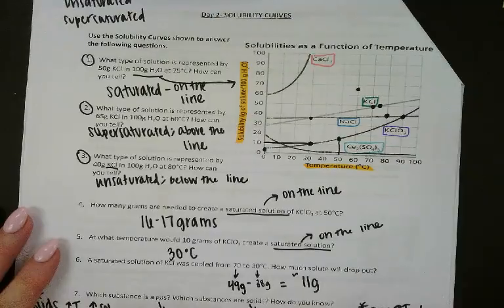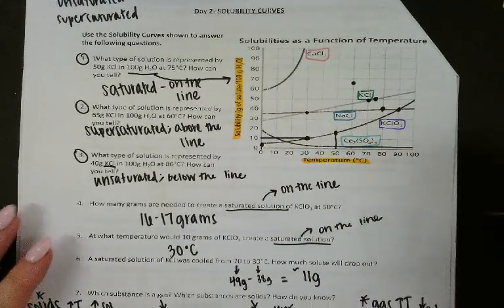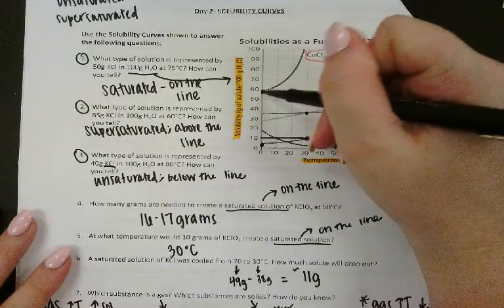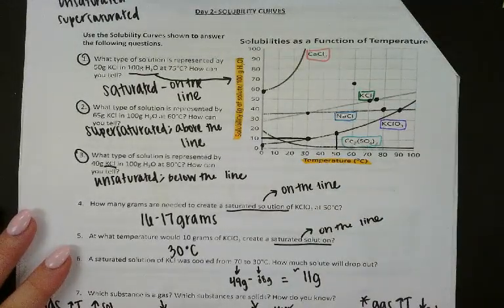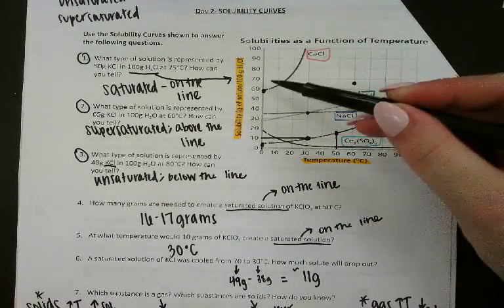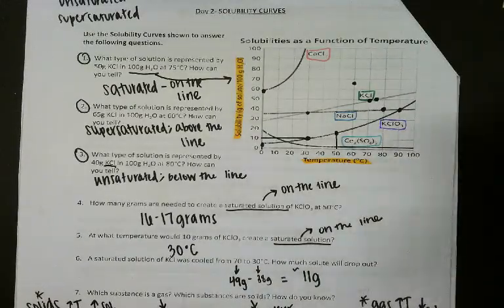So that is going to be my least soluble, because that has the least amount of grams dissolved. My most soluble, I go 0 degrees and I'm going to go all the way up, and my highest one is CaCl2. That is saying that calcium chloride is going to dissolve the most solute at 0 degrees Celsius, whereas KClO3 is going to dissolve the least amount.